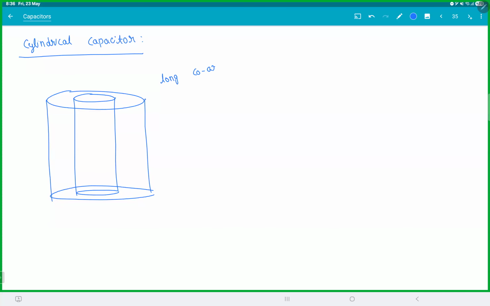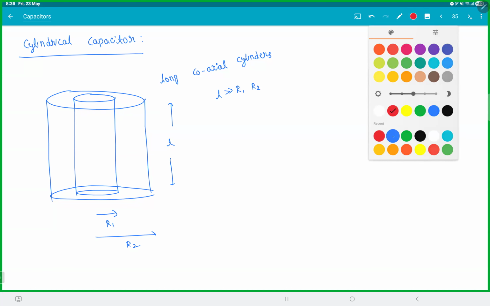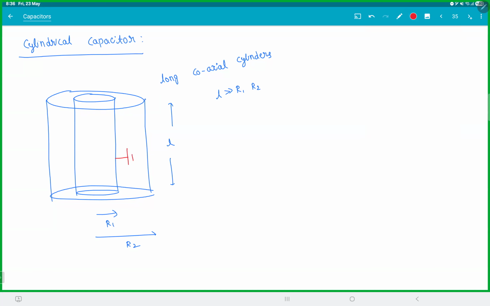Coaxial meaning they have the same common axis. Let the radii be R1 and R2. L is much greater than R1, R2, so that I can treat them as infinite cylinders. If you connect a battery between them, this will acquire a charge of plus lambda, this will acquire a charge of minus lambda, and Q will be lambda into L.